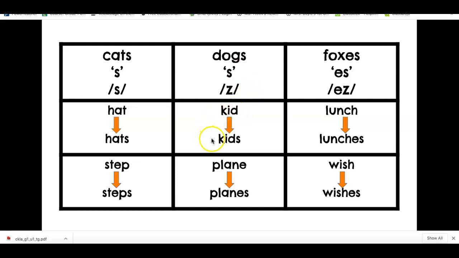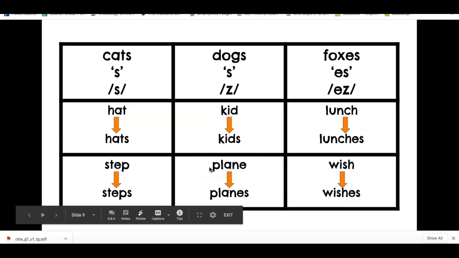Now I see a lot of kids. The S at the end makes the Z sound. Same with plane. I saw one plane. I saw many planes. That tricky S makes the Z sound sometimes at the end of a plural noun.